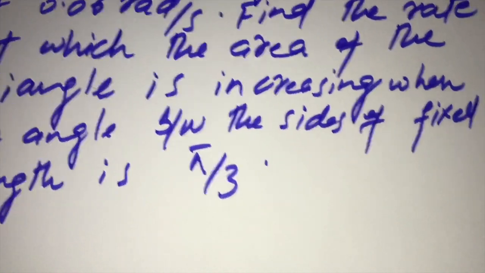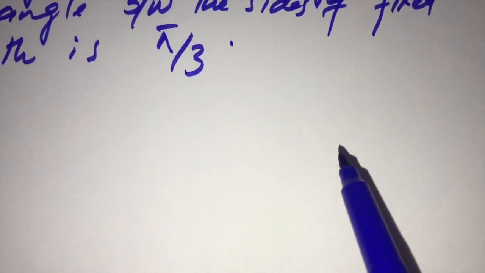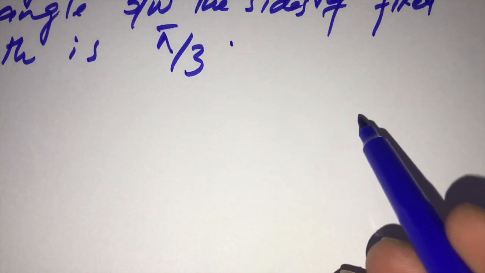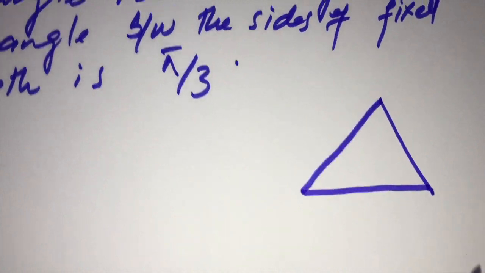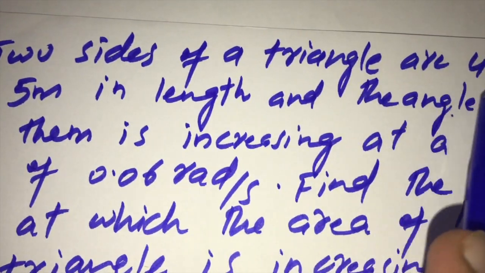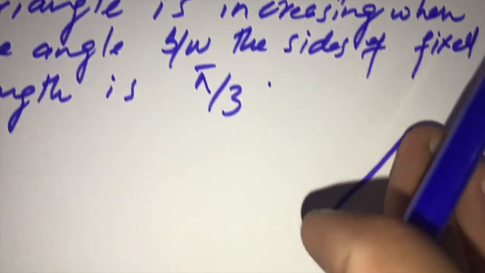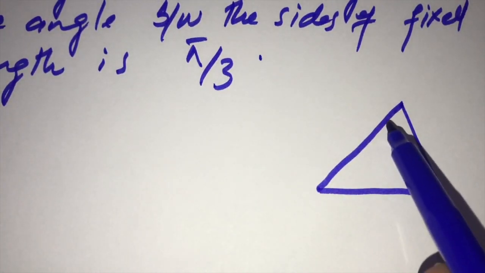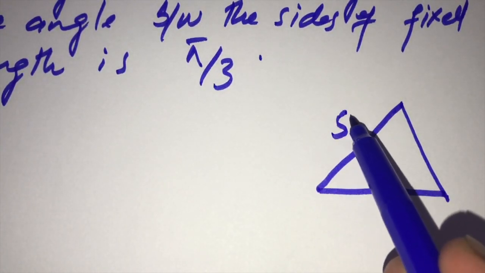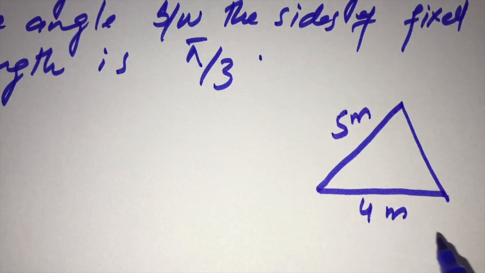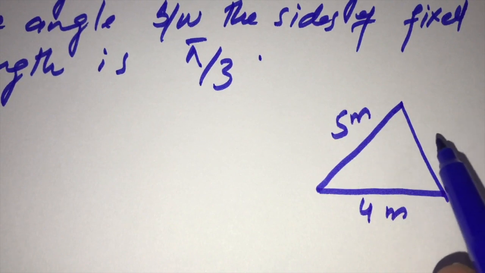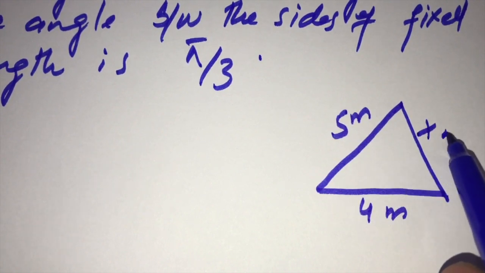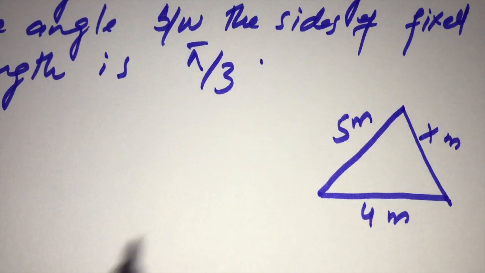For this we make the diagram. Consider this triangle. Assume that the two fixed sides are these two sides, 5 meter and 4 meter, and this side is a variable side, and we name it as x meter, meaning it is changing.